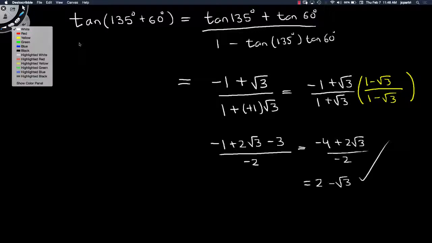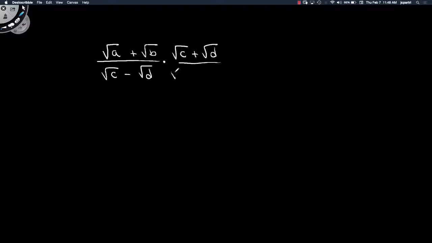Right. So for the sake of studying the conjugate, if you have the square root of A plus the square root of B over the square root of C minus the square root of D, the conjugate of the denominator is the one that you want. Now the denominator, if you understand the FOILing process, is going to be very quick.